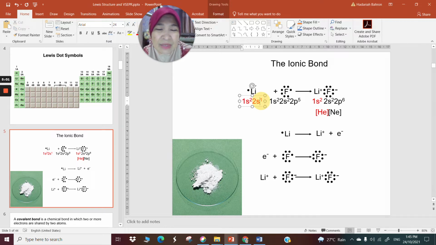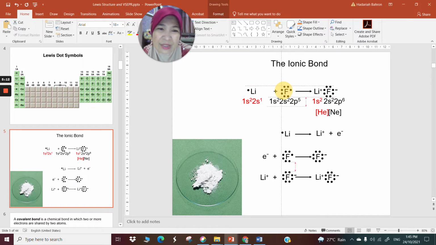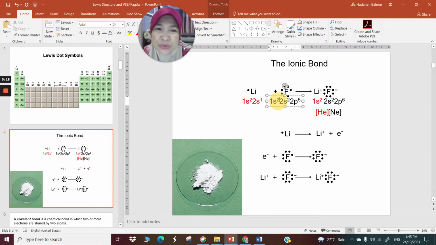It's only the valence electron, the 2s1, that is participating in bonding. Looking at fluorine, on the other hand, you have 7 valence electrons. You can see 7 dots around the F there. The 1s2 are the inner electrons. The 2s2, 2p5 are the valence electrons.